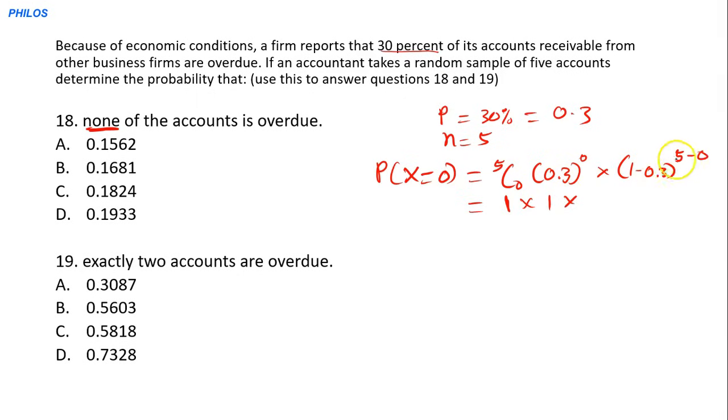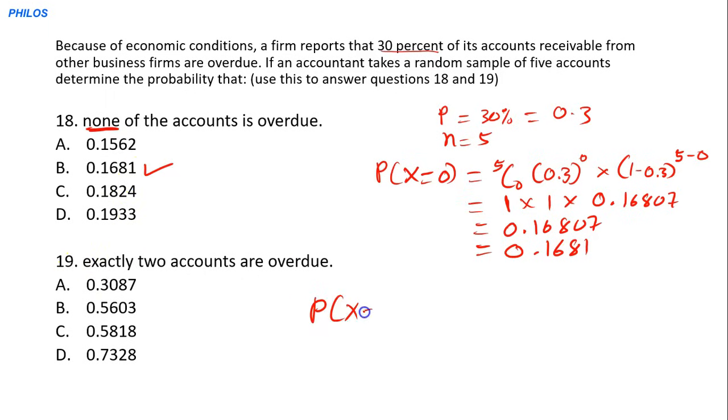So 0.7 exponent 5 will give you 0.16807. So when you multiply it by 1, you still get 0.16807. So the correct answer for question 18 is B, 0.1681. If you bring this to 4 decimal places, it will be 0.1681, which is B. Question 19 says, exactly 2 accounts are overdue.